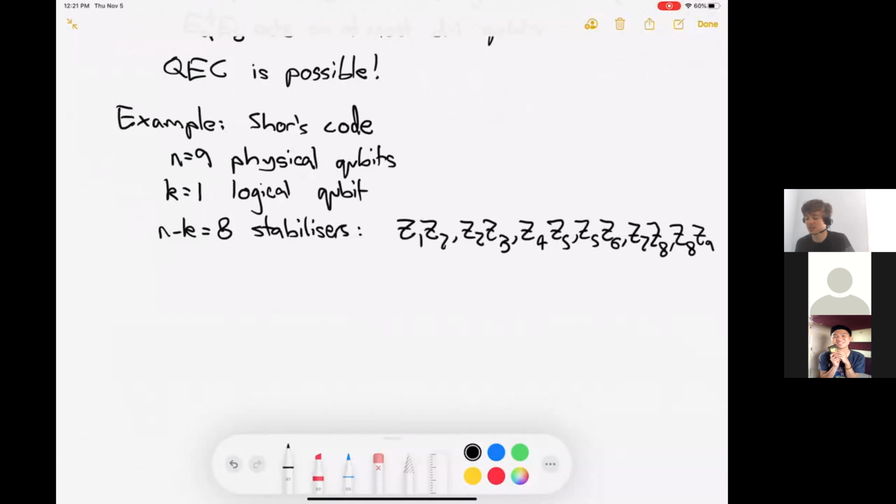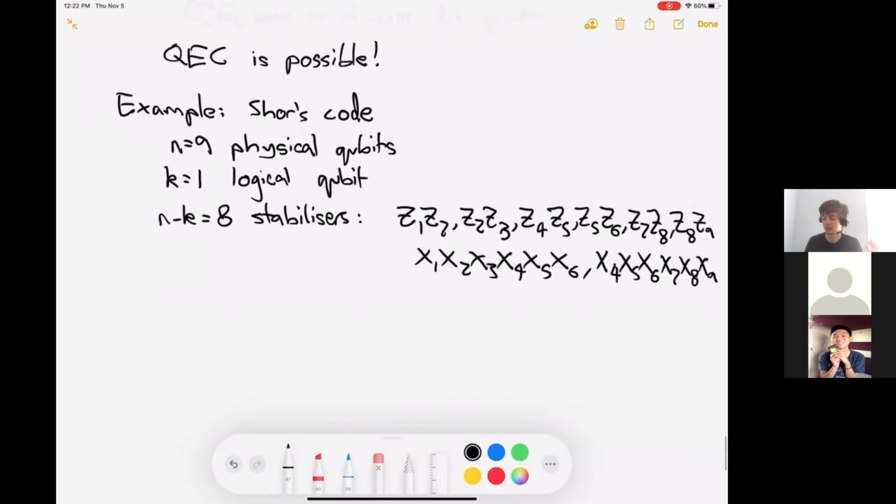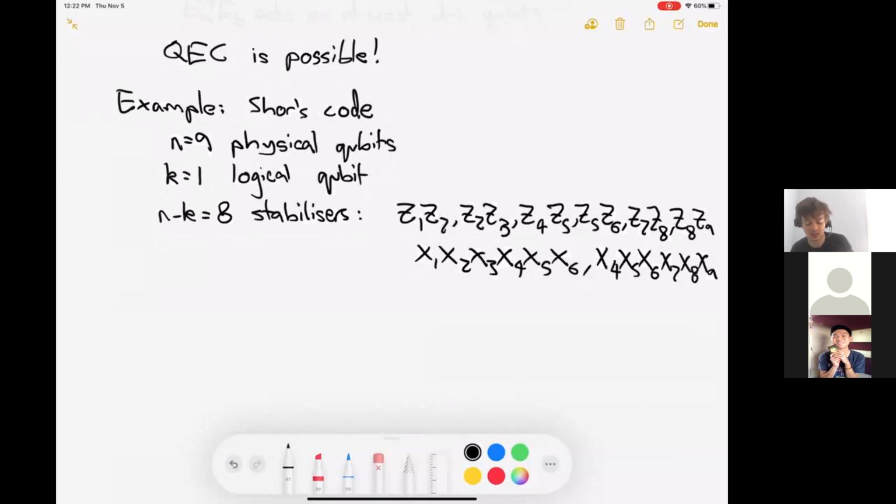And then to correct the phase flips, we used X1X2X3X4X5X6, one big product, and X4X5X6X7X8X9. Okay, so we have 6 Z stabilizers, 2 X stabilizers. These are our 8 stabilizers.